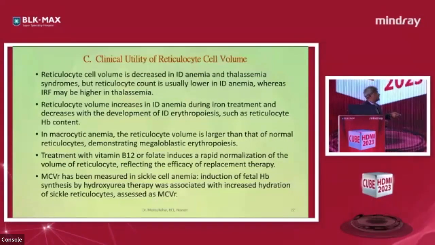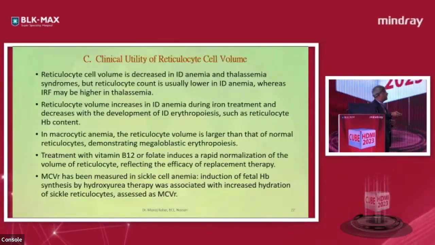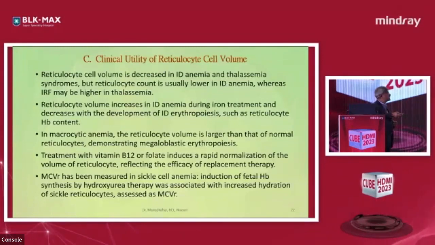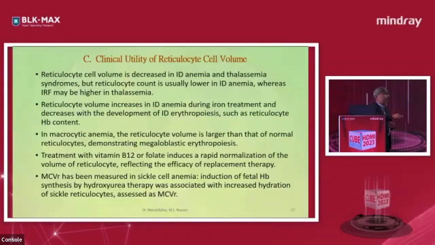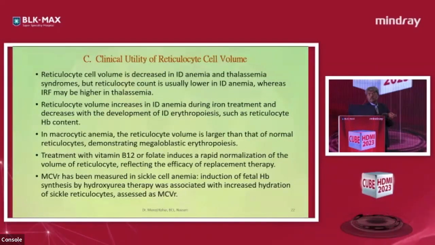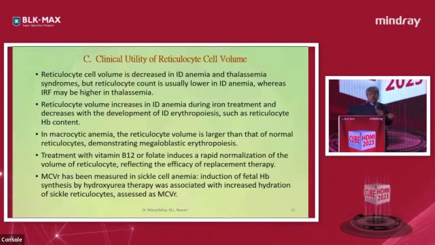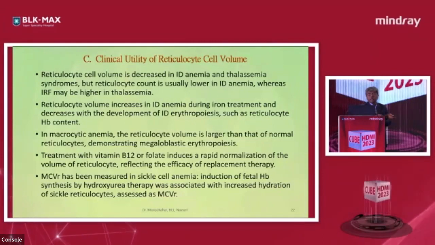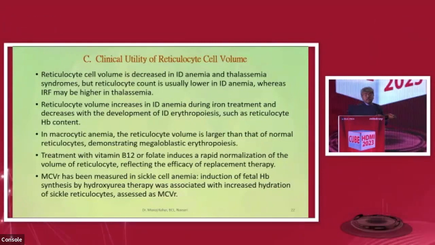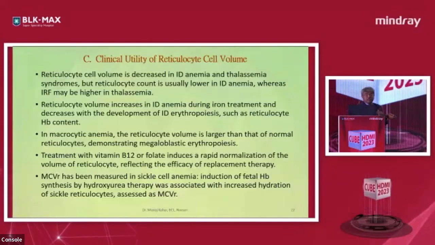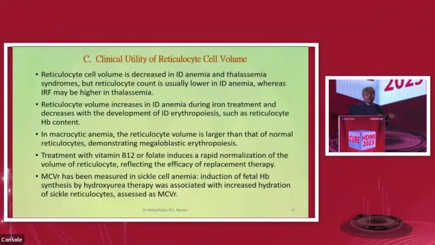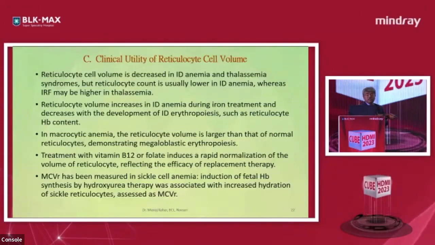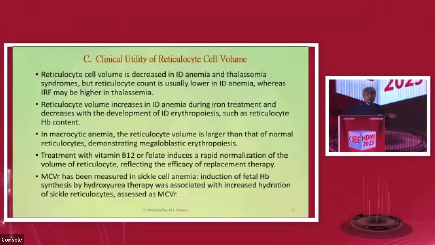The last parameter is the reticulocyte cell volume. Reticulocyte cell volume is decreased in iron deficiency anemia and thalassemia syndromes, but reticulocyte count is usually lower in iron deficiency anemia, whereas IRF may be higher in thalassemia. Then reticulocyte volume increases in iron deficiency anemia during iron treatment and decreases with the development of iron deficiency erythropoiesis, such as reticulocyte hemoglobin content.